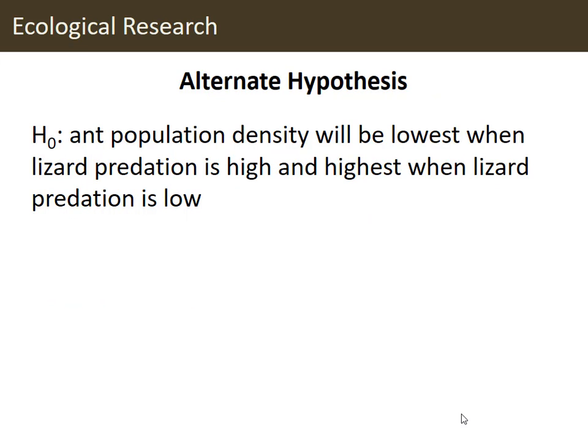Sorry. So an alternate hypothesis might be ant population density will be lowest when lizard predation is highest. That's kind of an intuitive hypothesis, right? I could make H2 and put Sean's hypothesis up there: ant population density is highest when lizard predation is highest because they have some sort of reproductive response.